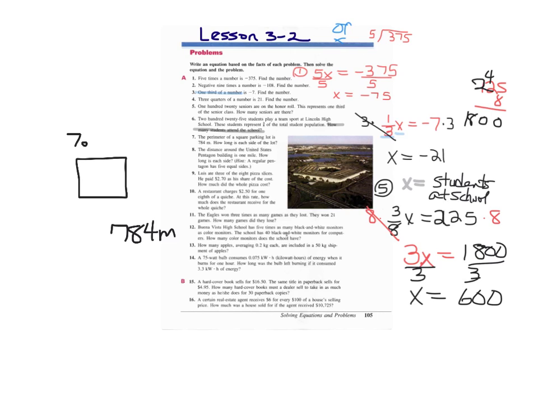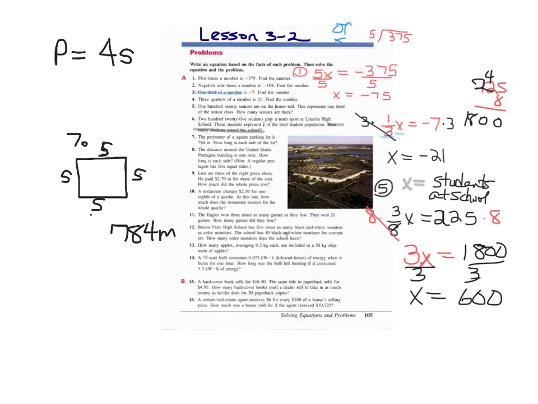Now, if you've seen perimeter before, perimeter of any figure means to add up all the sides. Now, when it's a square, I know all of these sides of my square are going to be the same number. So notice I have 1, 2, 3, 4 S's. So I can represent perimeter of a square as 4 times the side length. So that's going to be my equation.